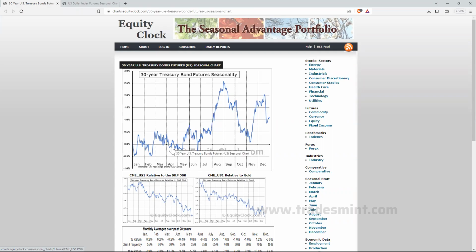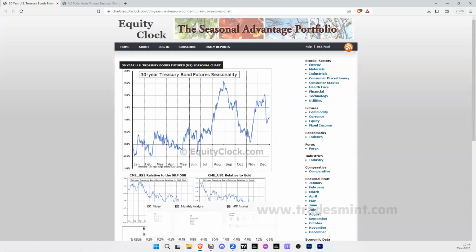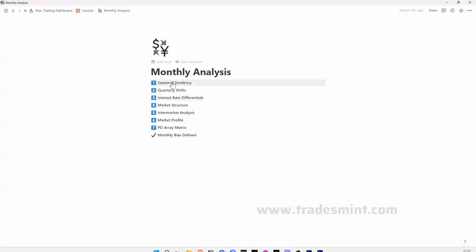April. All right, yeah, treasury bonds going lower. No worries. All done. So we'll look for lower prices. And this is obviously not true. So yes, seasonal tendencies is the first one here, but it's the last thing I base my analysis off.